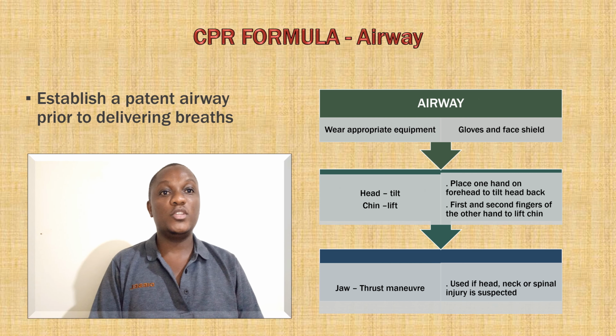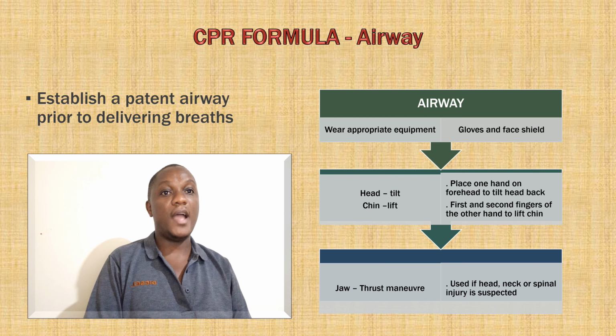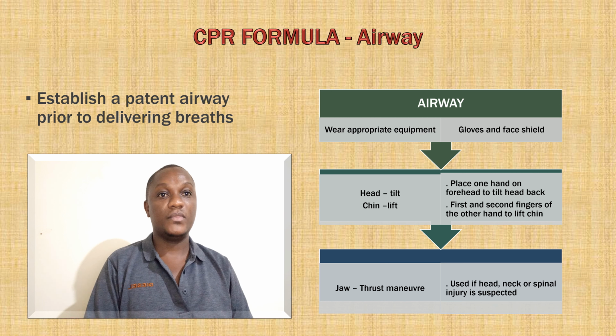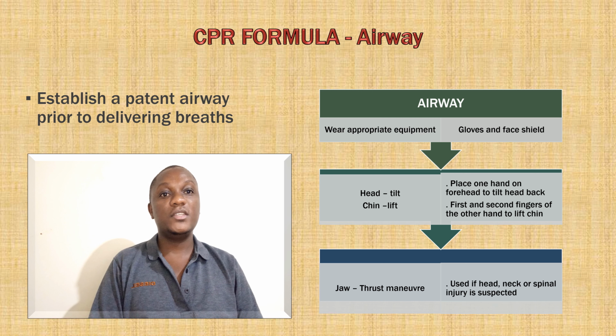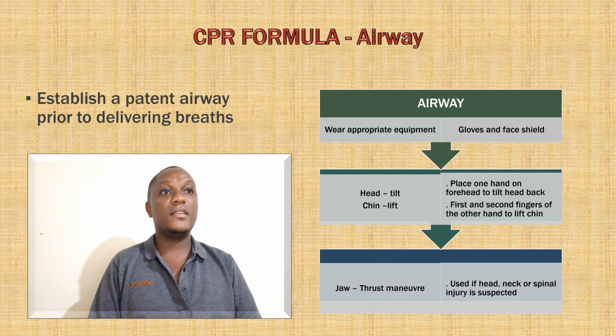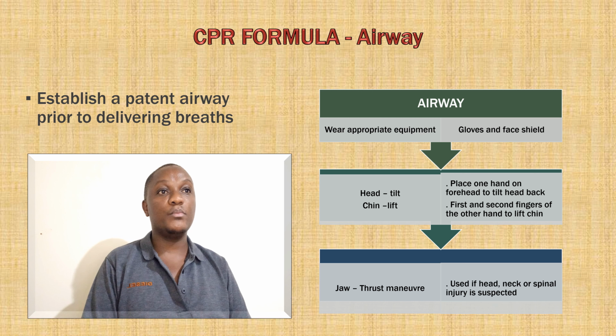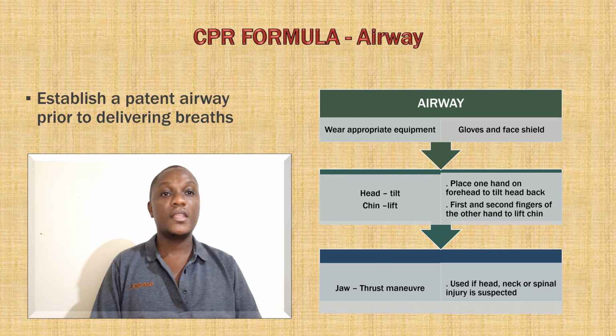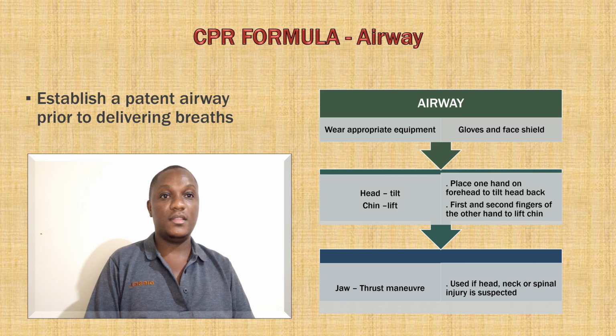The other thing you need to establish is a patent airway. Establish a patent airway prior to delivering breaths. And for the airway, you need first of all to wear appropriate equipment, that is the gloves and face shield. Then there are maneuvers that you are supposed to use. Number 1 is head tilt.